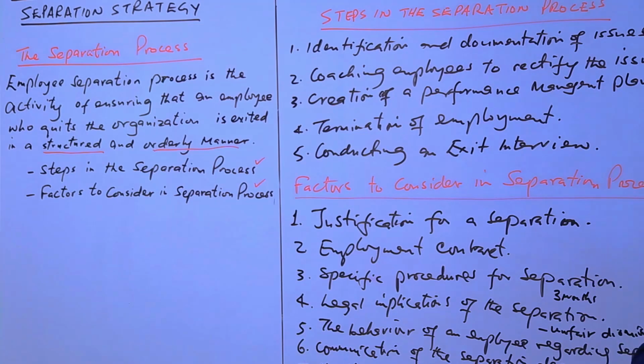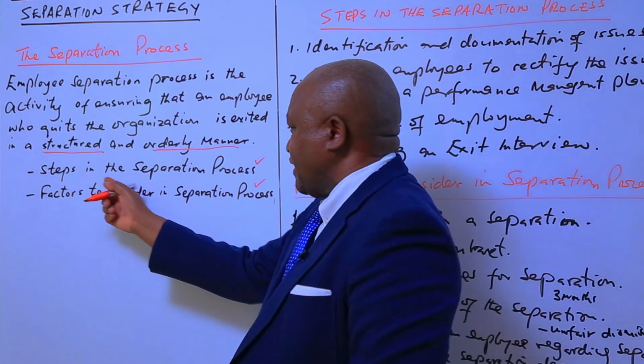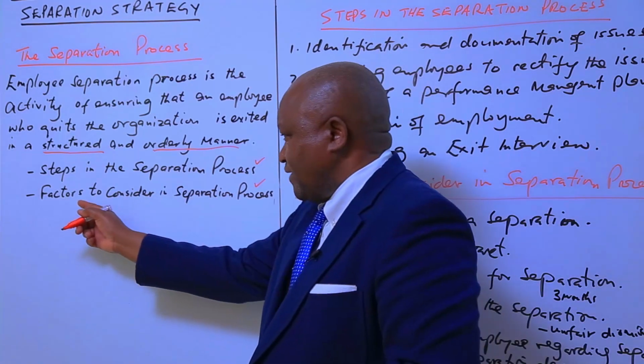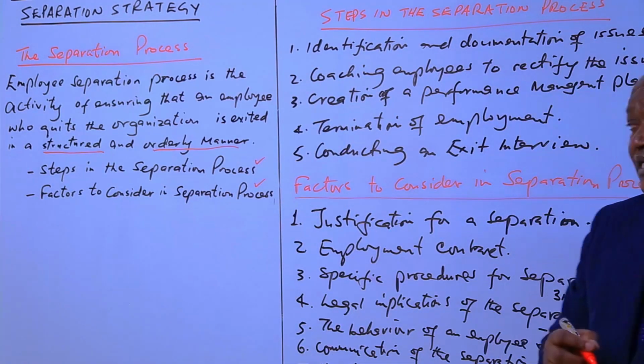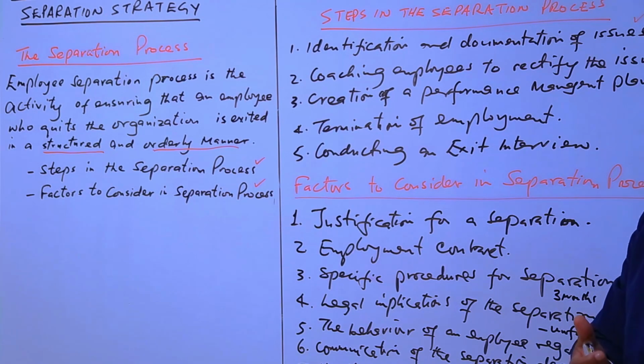And we have gone ahead and looked at two aspects, that is the steps in the separation process and also the factors to consider in the separation process. And we have said that the steps in the separation process may include: 1, identification and documentation of issues. Number 2, coaching employees to rectify the issues.